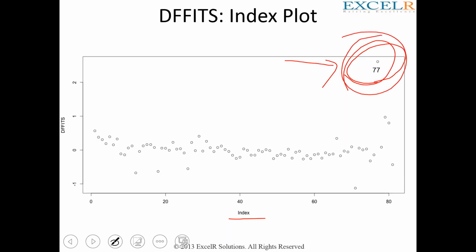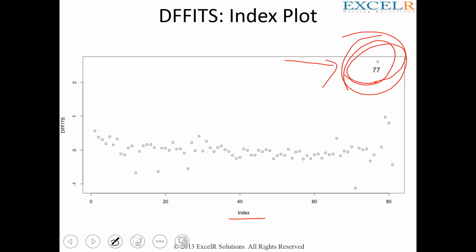Say you have heights of people, and there's one person who has a height of 8 feet. Say that is your influential value using this index plot. What does that mean? That means there is only one value which is defining your prediction equation. Do you want your prediction equation to be built in that way, wherein one value is significantly influencing your model?